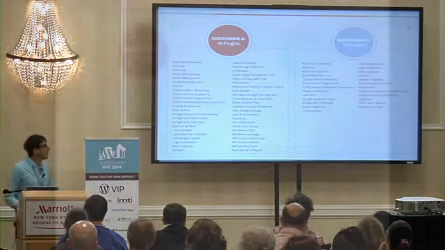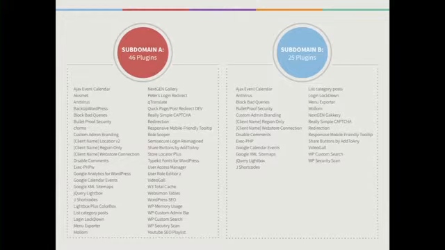And basically, we did research on plugins to figure out what plugins we could swap out for something else, and how many plugins were unneeded, and how many could we potentially remove to help lessen the bloat and speed up the website.